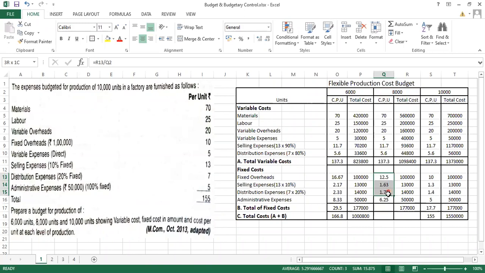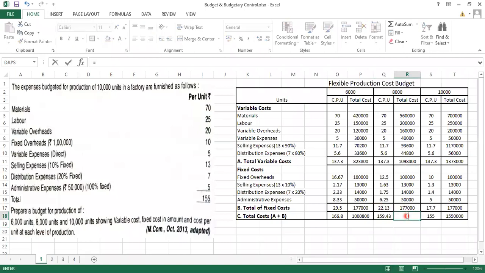Just take a total. 22.125. You want up to 2 decimals. 22.13. Just add it. Total variable cost plus total fixed cost. 159.43.